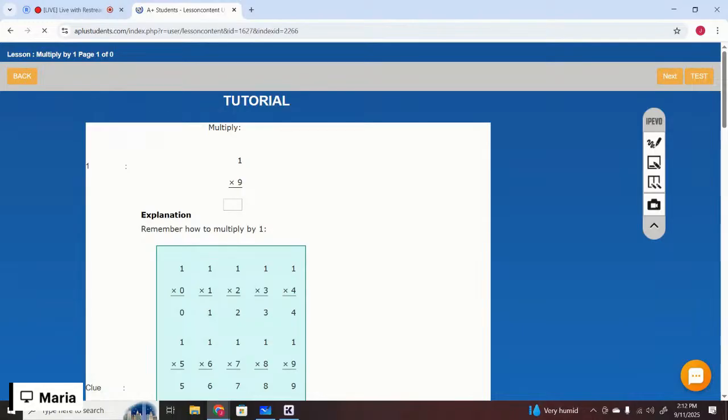The number stays the same. So 1 times 9 is 9. Whatever number it is, the number stays the same.